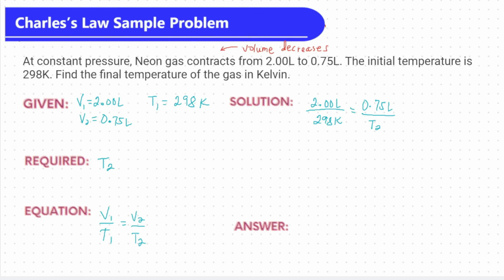So, medyo long way yung gagamitin natin ngayon para lumabas si T2. Tingnan natin, si T2 ay nasa baba. Kailangan pumunta siya sa numerator. So, ano ba yung way para magawa natin yon? What we can do is to multiply both sides. When I say both sides, the left and the right side, by T2 times 298 Kelvin over 2.00 liters.